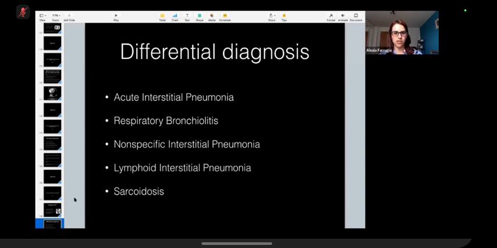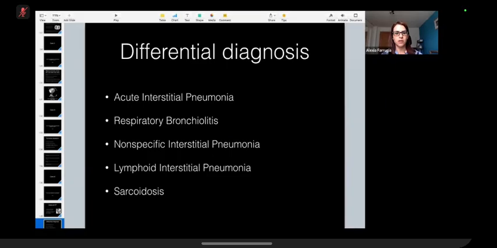So the differential would be any inflammatory process occurring at the level of the bronchi. So an acute interstitial pneumonia, respiratory bronchiolitis in a patient with specific pneumonia.